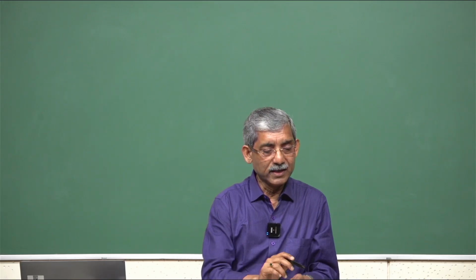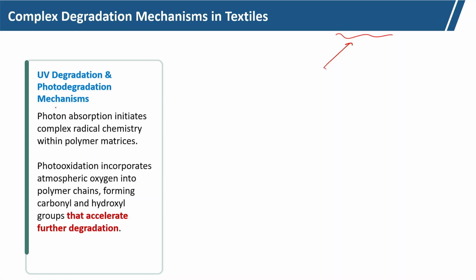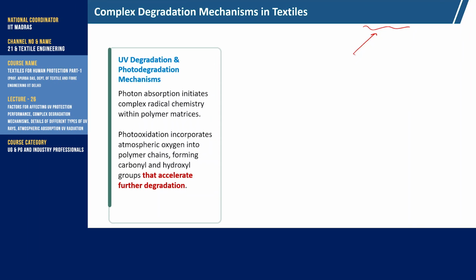Now, UV degradation and photodegradation mechanism. Textile materials are polymeric materials, so they get degraded by UV rays. Photon absorption initiates complex radical chemistry within the polymer matrix.